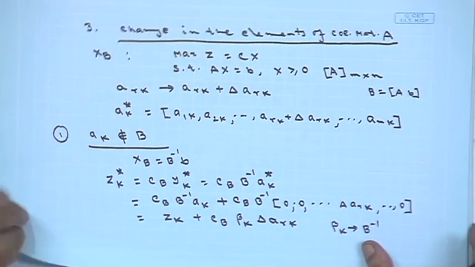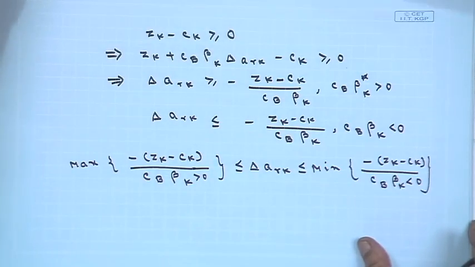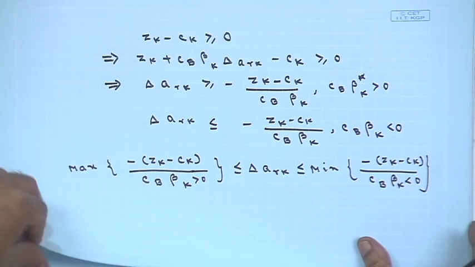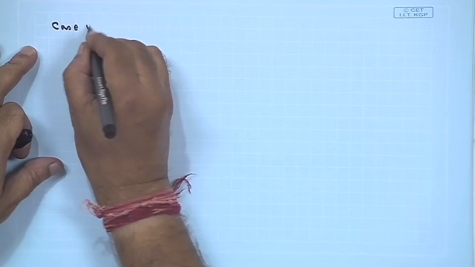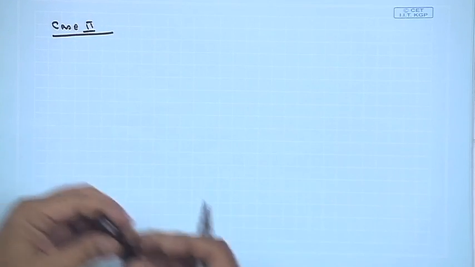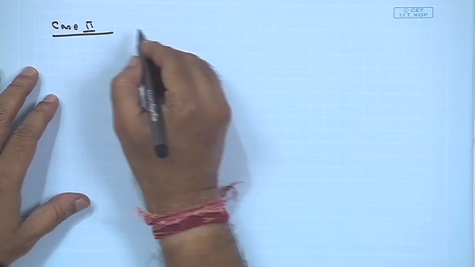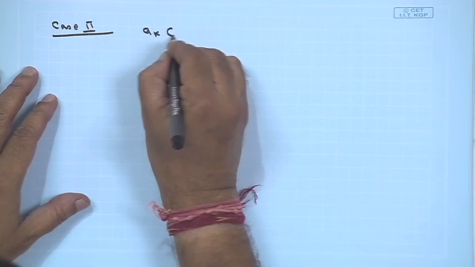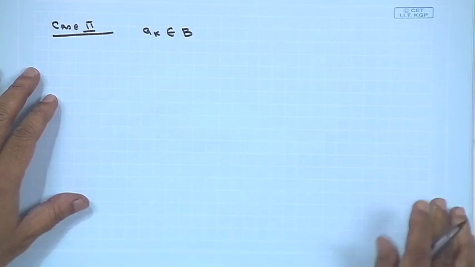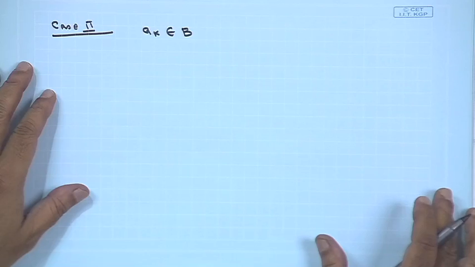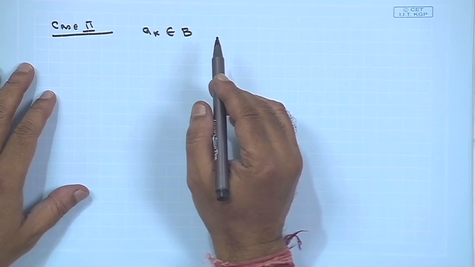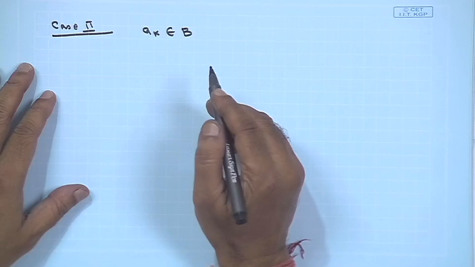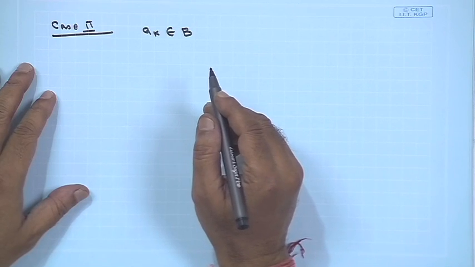Now, let us see the second part, that is whenever A k belongs to B, that is your case 2. Case 2 is when your A k belongs to B. So, in this case, since A k belongs to B and x b equals B inverse b, two cases may arise.